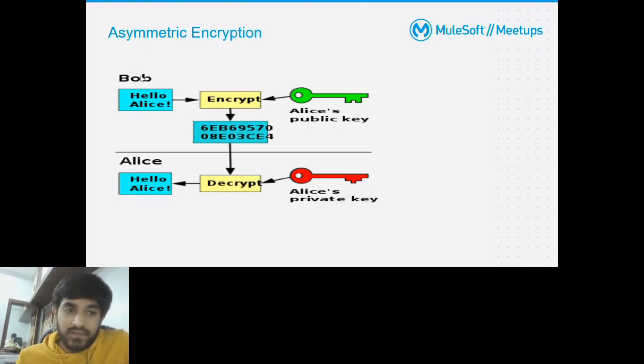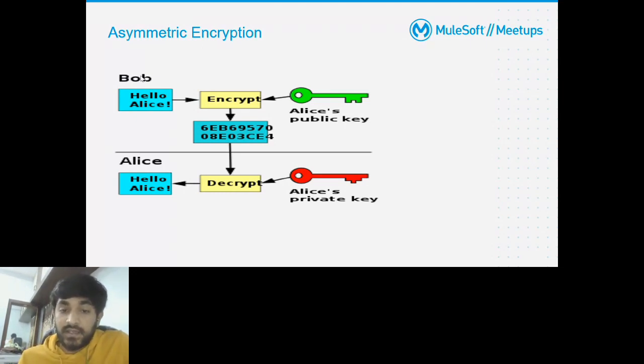Alice will send the public key to Bob. Bob will encrypt the data, "hello Alice", with Alice's public key and send it to Alice. The encrypted message will be received by Alice. From Alice's side, she needs to decrypt the encrypted data using Alice's private key, because the private key and public key are in one set of the digital certificate.